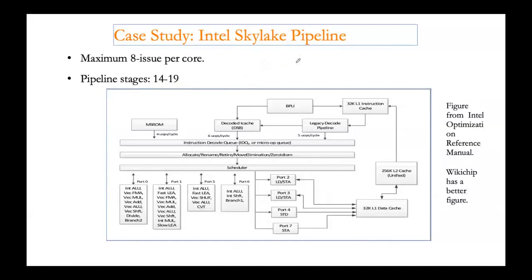In our previous example, for instruction 1 to instruction 4, we saw 10 cycles with hazards, and after solving the hazards it may reduce to 8 cycles. So the number of pipeline stages will vary.